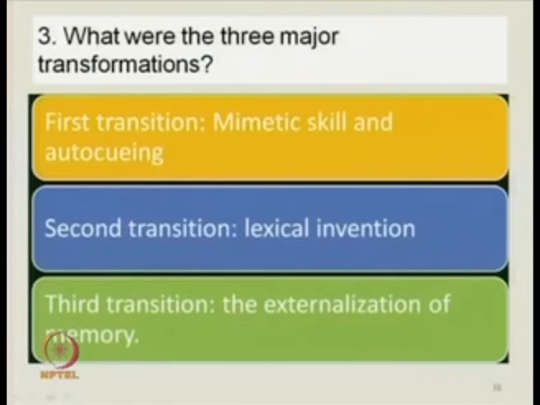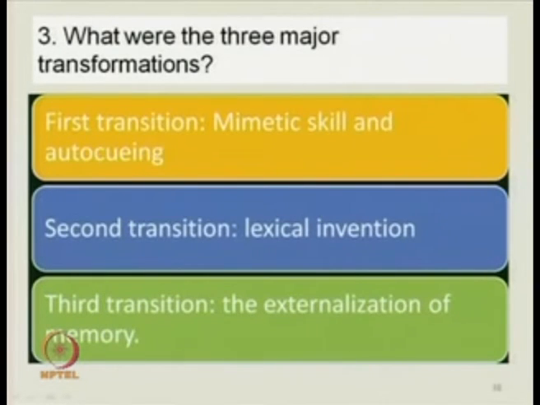In the second stage, the most important thing was lexical invention, following, among other things, the descent of the larynx, anatomically speaking, which gave us a peculiar vowel triangle, in the shape of an inverted L, which gave us a larger repertoire of vowel sounds, through which we could create new words and develop our lexicon.